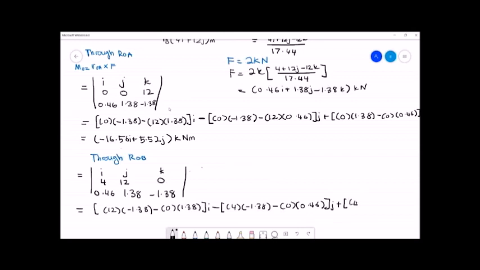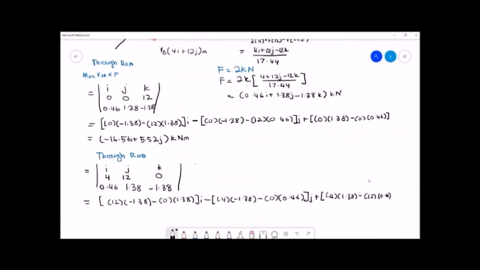So 4 times 1.38 minus 12 times 0.46. Close the bracket, then put it as k. So it is equal to a similar answer, negative 16.56i plus 5.52j kilonewton meter.